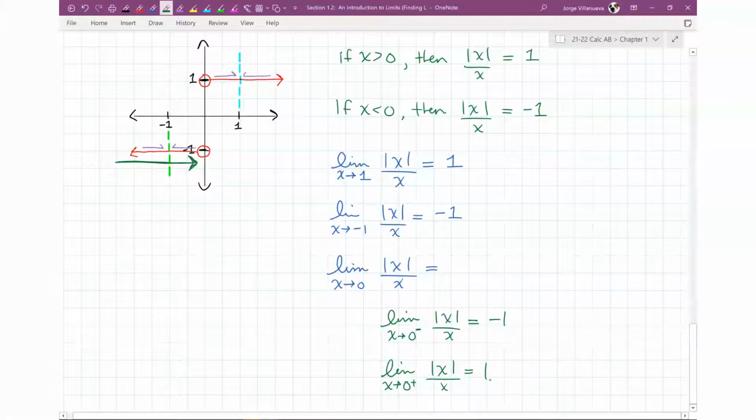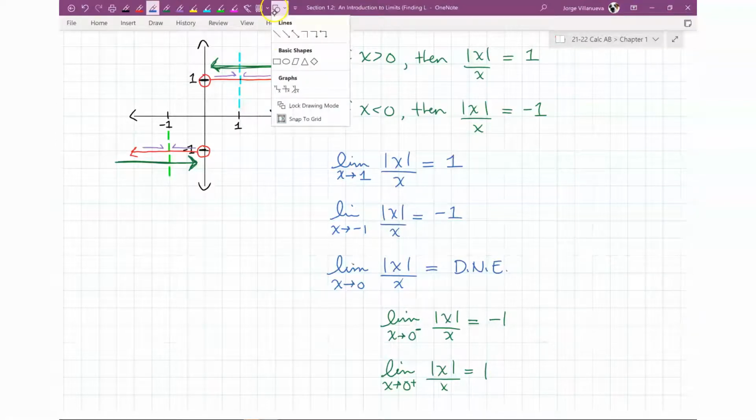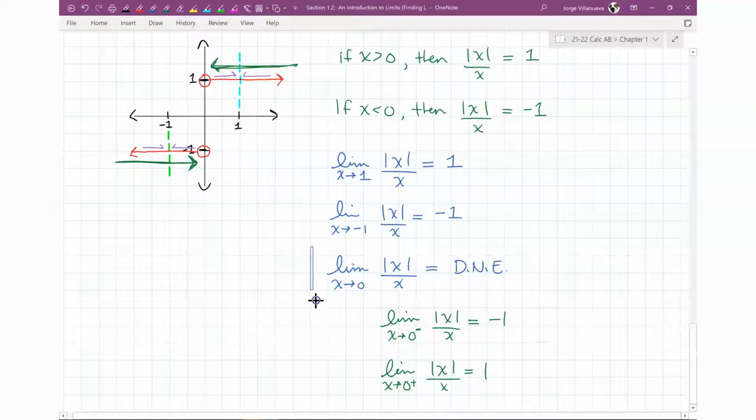Those two arrows are supposed to be crashing into each other, okay? But they're not. Because if I draw the arrow up here, look, this green arrow right here, on the right side it's coming in, going down, going up to 1. The other one's going to negative 1. They're not going to collide. There's no collision. So this is a does not exist. Okay, that's a DNE. Does not exist.